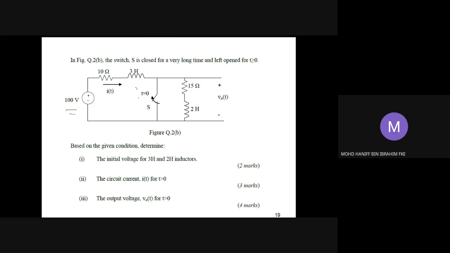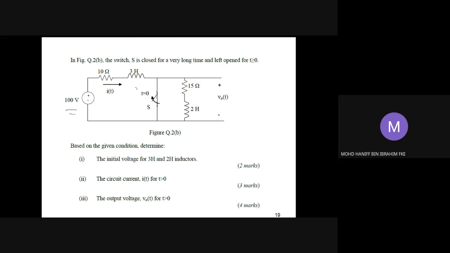In this statement here, the switch S is set to close for a very long time and left open for t bigger than 0. We have a switch here, switch S. It's mentioned that the switch is closed for a very long time and left open for t bigger than 0, which means that for t less than 0, your circuit configuration should be a short circuit.